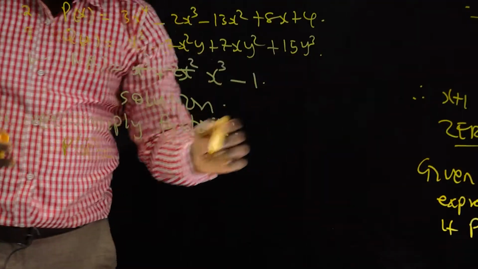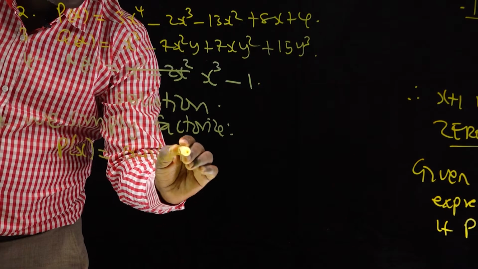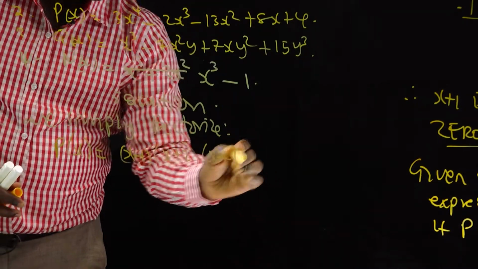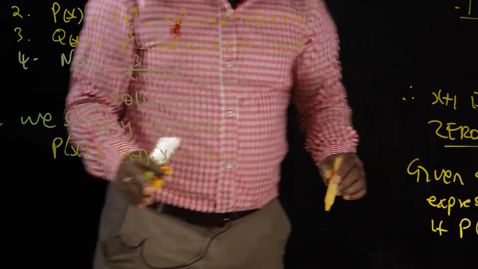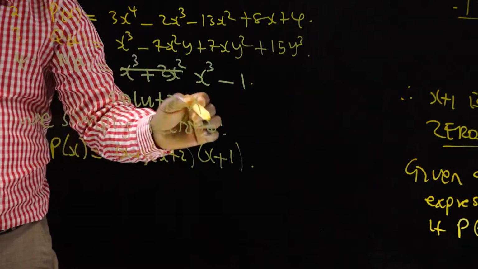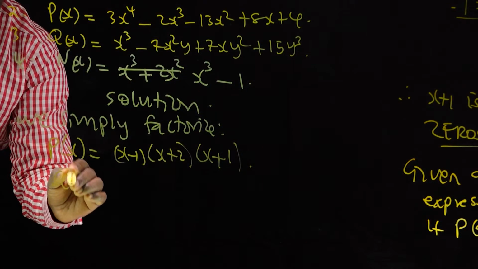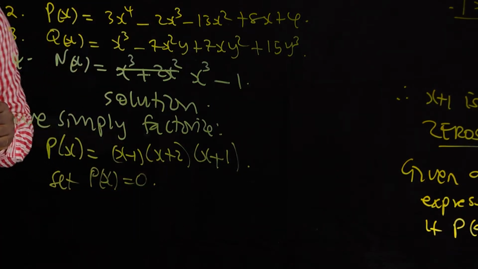We have our results, which was x minus 1, x plus 1, x plus 2. Completely factorized, which was our result of factorization. So we then set p of x equals to 0.